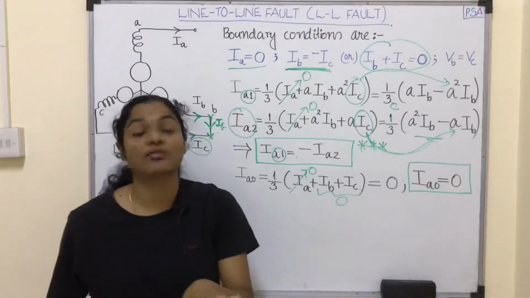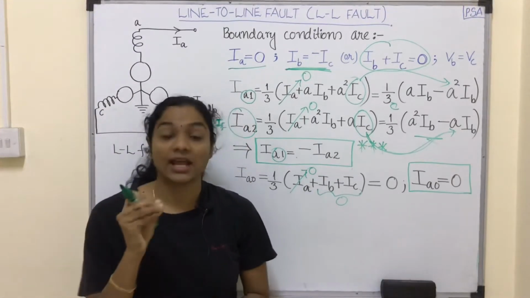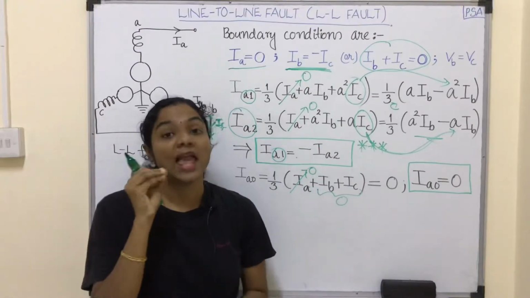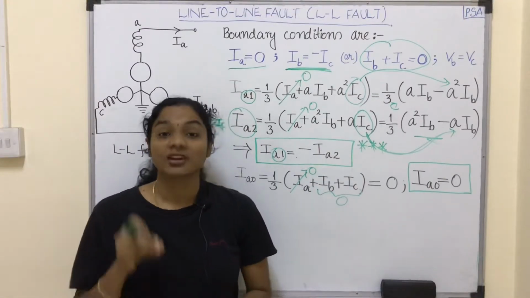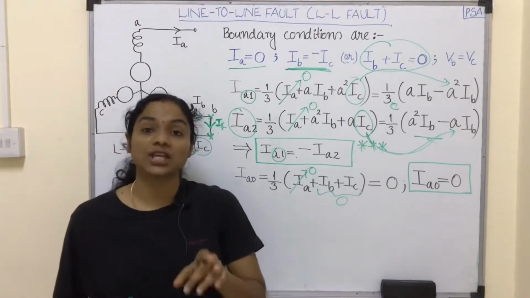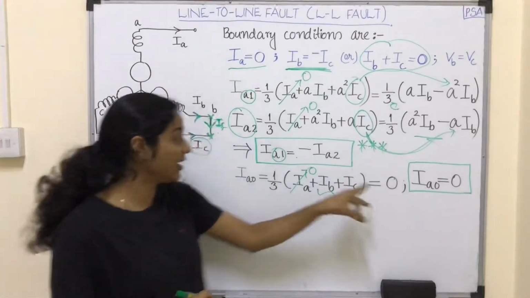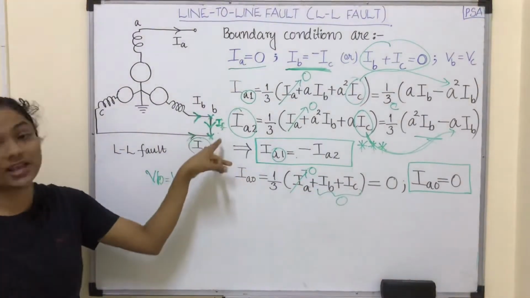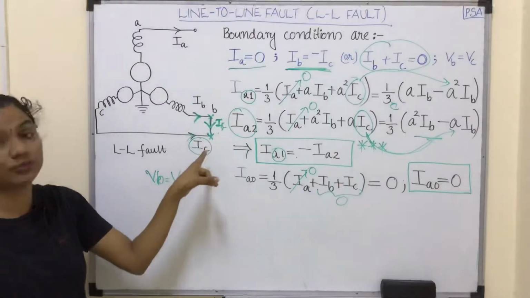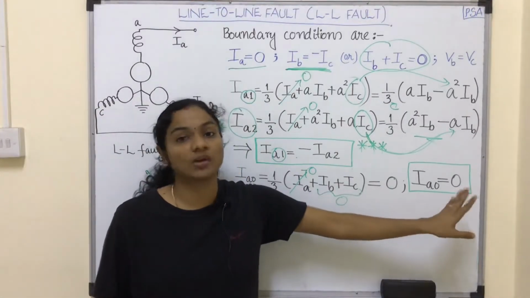In the case of LL fault, zero sequence current is equal to 0, and I have already told in LG fault that whenever there is a ground fault, then only the zero sequence term will come into existence. But here there is no ground fault, as you can see. So definitely the zero sequence current will be equal to 0.